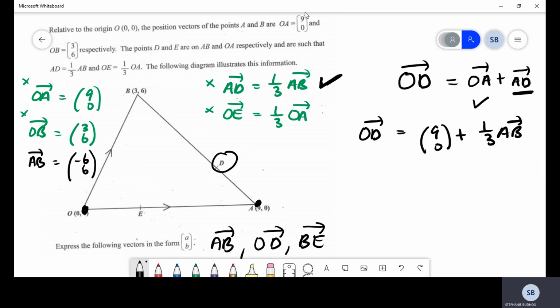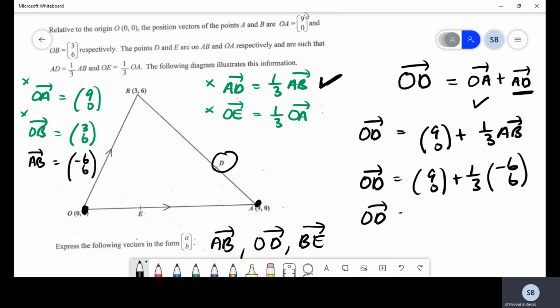Question has given us that bit of information. So in a new line, I'm going to work out that. And what was AB? AB was found in the first part to have a value of (-6, 6). So we are simply going to substitute that value of (-6, 6) here, and doing some basic calculations, a third of 6 gives us -2 and 2 here.